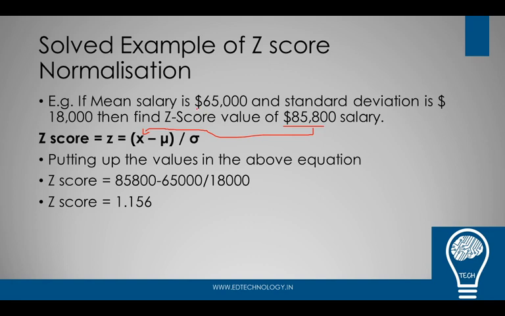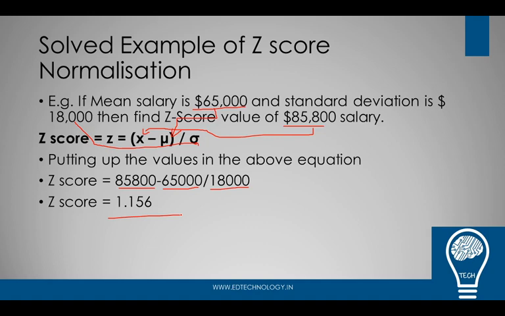This is your mean, and the standard deviation is in the denominator. So we get 85,800 minus 65,000 divided by 18,000, which gives us 1.15555, which we rounded up to 1.156. This is how we normalize the value using z-score normalization.